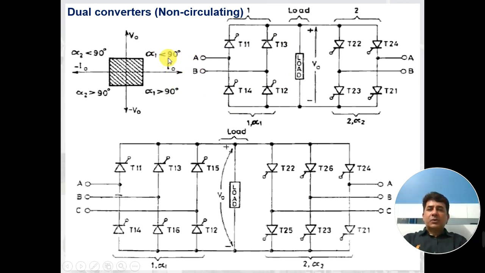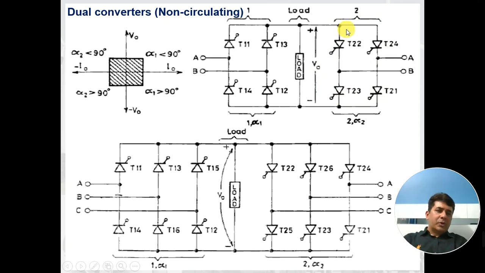Now if we wish to reverse the direction of current, or if we wish to have the operation in these two quadrants, then we will take this converter out of operation and bring this converter into operation. So for these two quadrants, quadrant 2 and quadrant 3, this converter will not be operated and this converter will be operated.